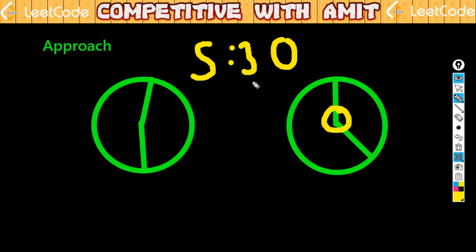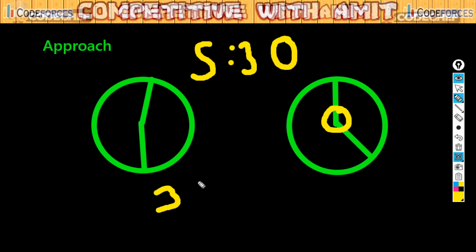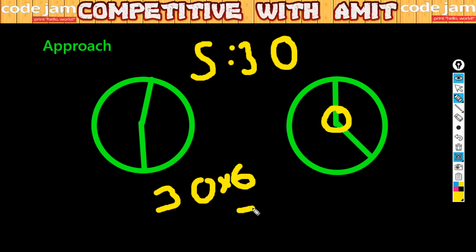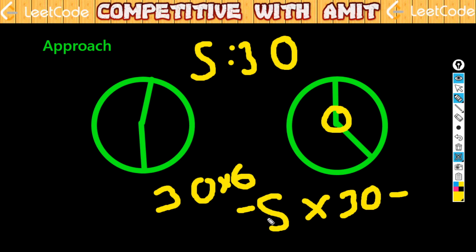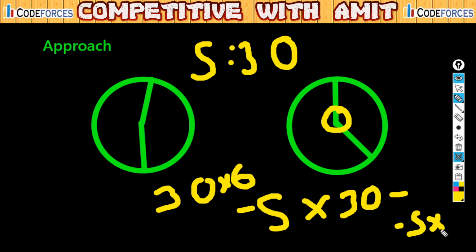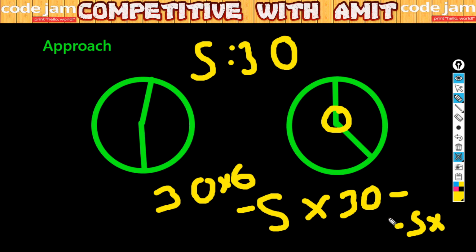So what basically we will do first is multiply the minutes by 6. So 30 multiplied by 6, minus 5 multiplied by 30, minus what we have to subtract, the main thing, 0.5 multiplied by the minutes, which is 30.